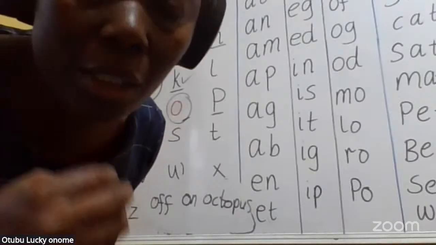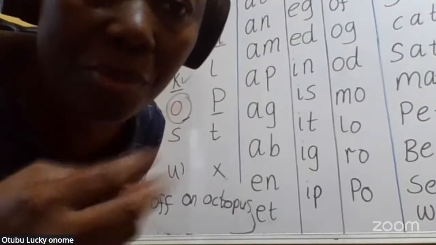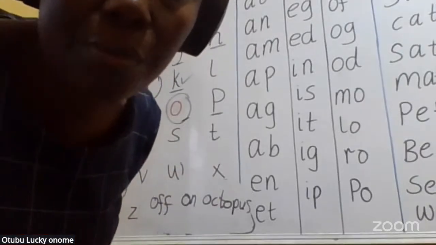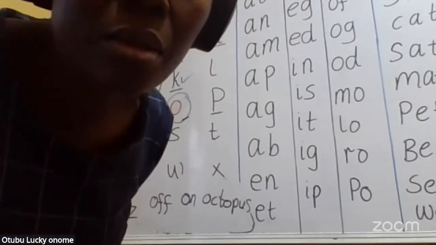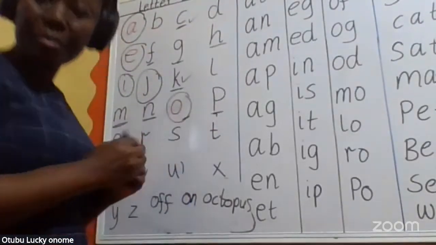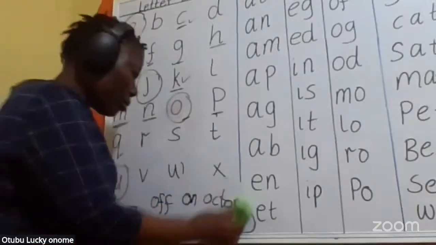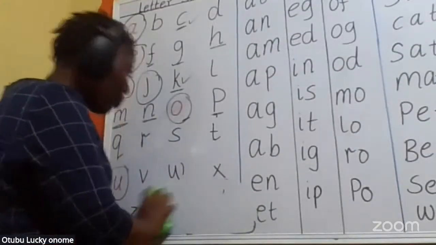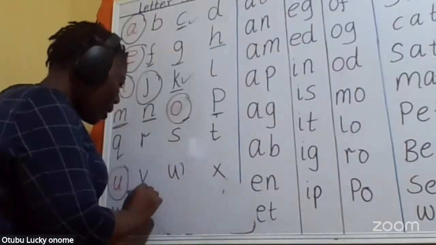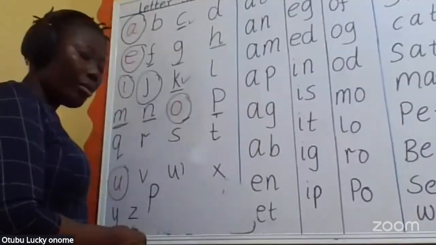If you pronounce it very well, there's air coming out. So this is how to pronounce the sound. To write it, just do a stroke and a curve.